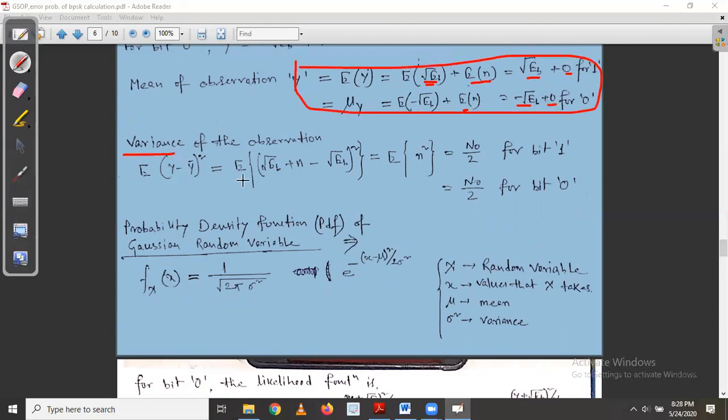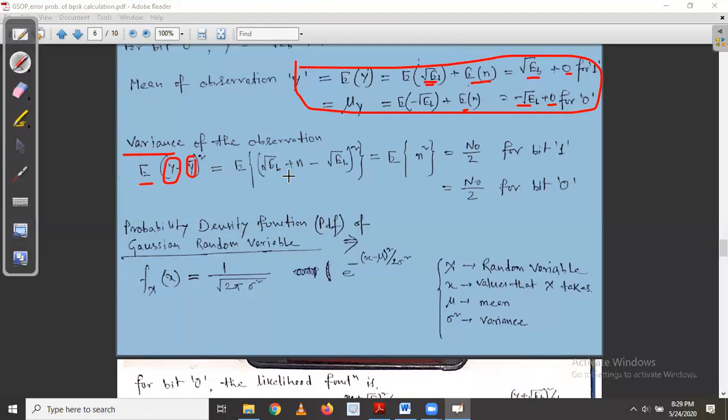Now the variance of observation. The formula is the expected value E in the bracket of Y minus Y bar. Y bar is actually the mean of Y, or observation. And Y is root of EB plus n or minus root of EB plus n.